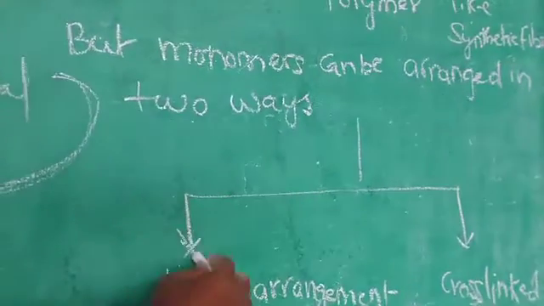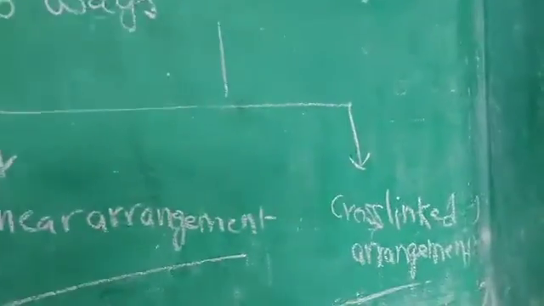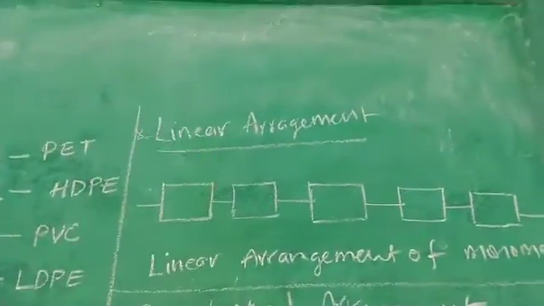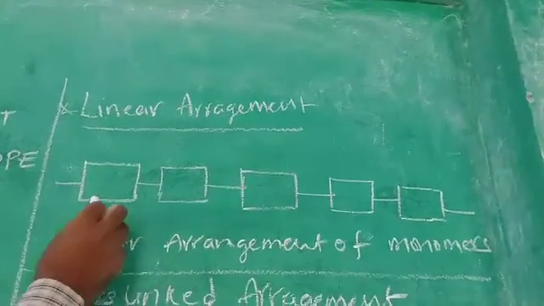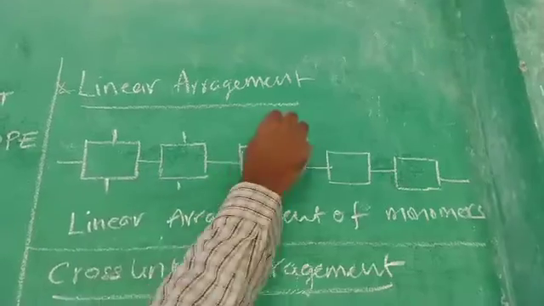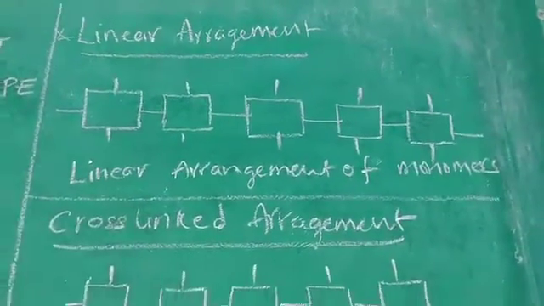One is a linear arrangement. The next one is a cross-linked arrangement. Just see the diagram, children. This is very important. In the linear arrangement, single monomers are arranged here. See here, these are the monomers they have arranged.